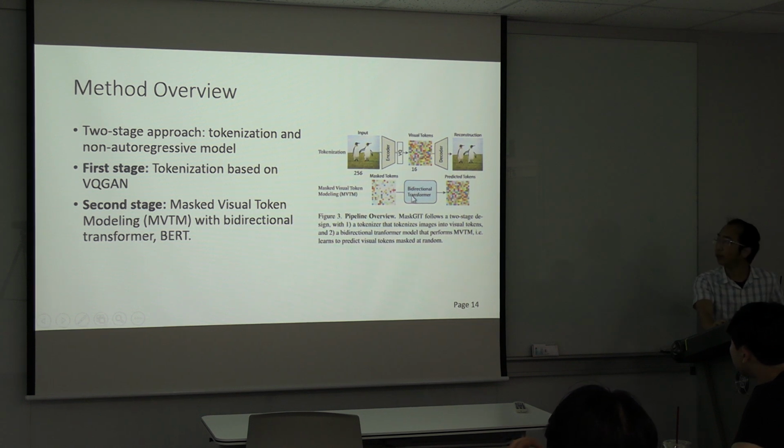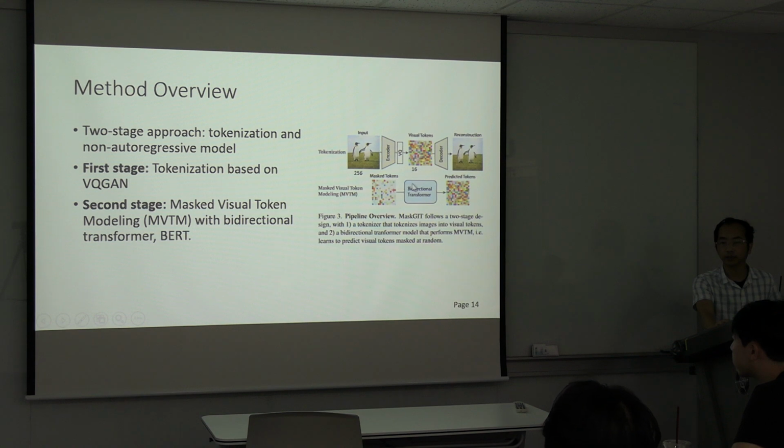So it can learn the relationship between each token. So the bidirectional transformer is a BERT-like model. Yes, it's exactly the BERT model, the same model from natural language processing, but the input is the visual tokens instead of text.